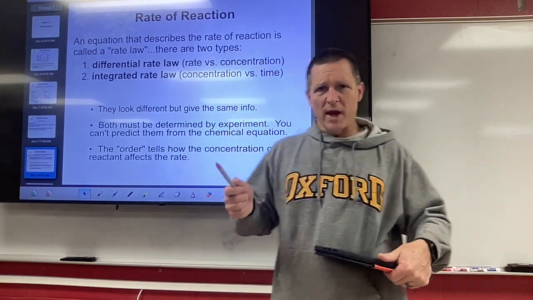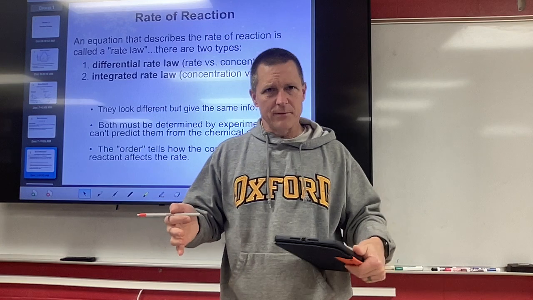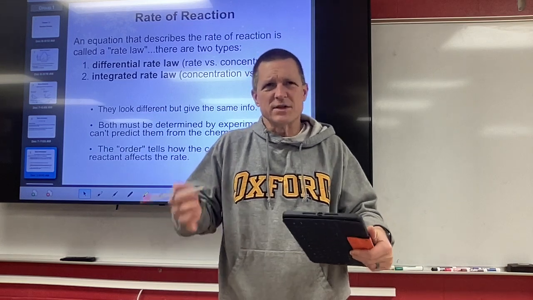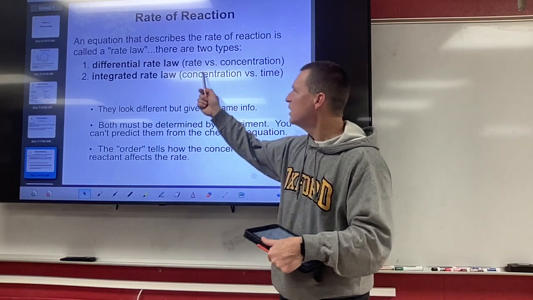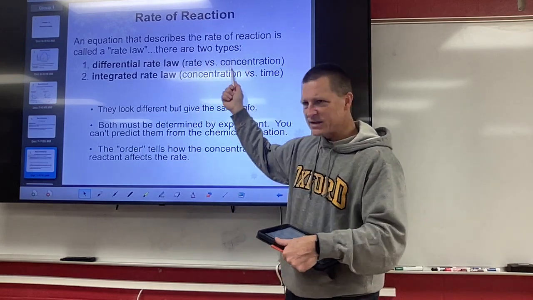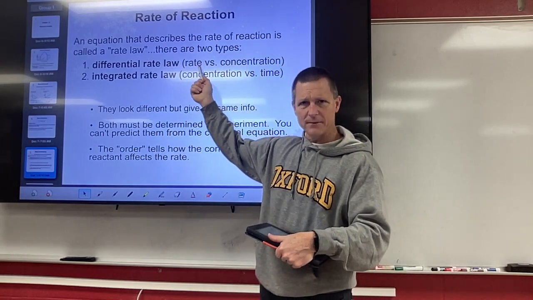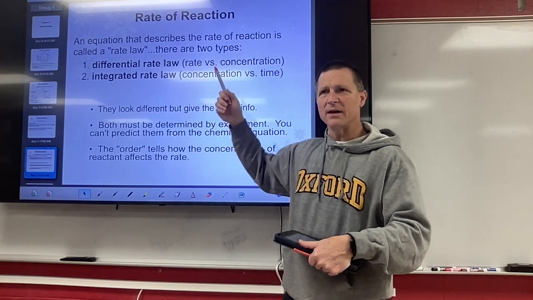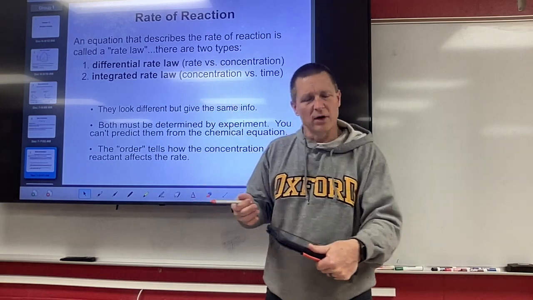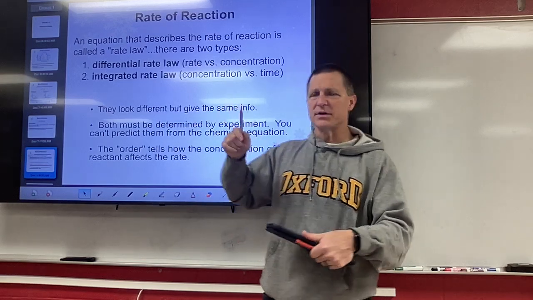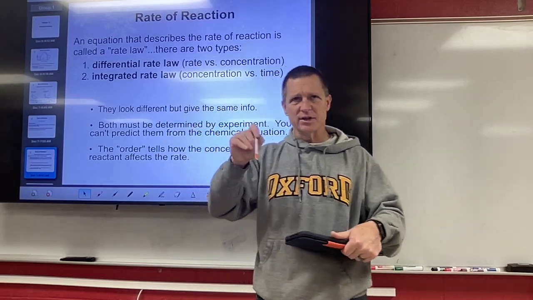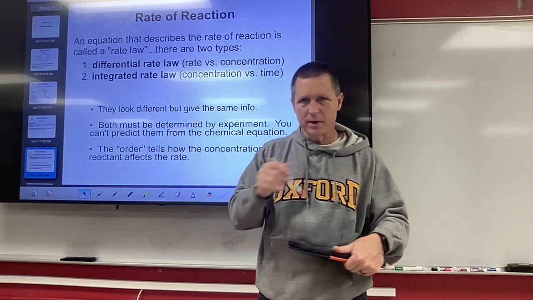So there are two different types of rate law, two different ways of describing how fast a reaction is going. We can either vary the concentration and see how it affects the rate. If we do that, we'll be able to write what we call a differential rate law. And then we can also determine how the concentration of a reactant is changing over time.